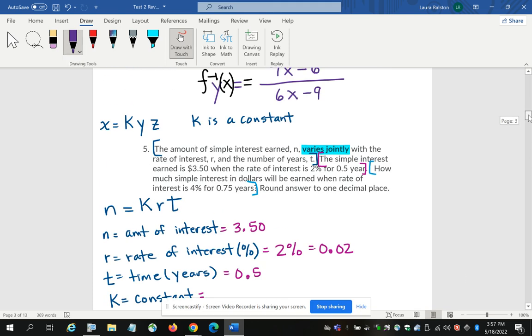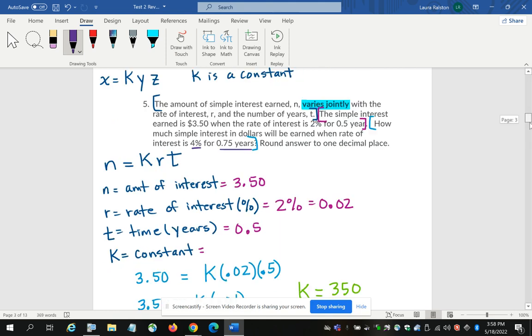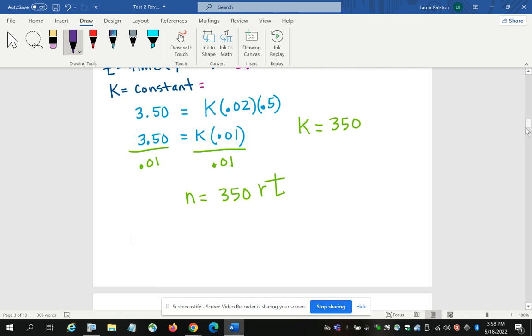Let me go back up here to my third sentence. My third sentence says how much simple interest will be earned when the rate of interest is 4% for 0.75 years. Okay, so they're asking me in that scenario, how much is the simple interest if R is 4% for 0.75 of a year.